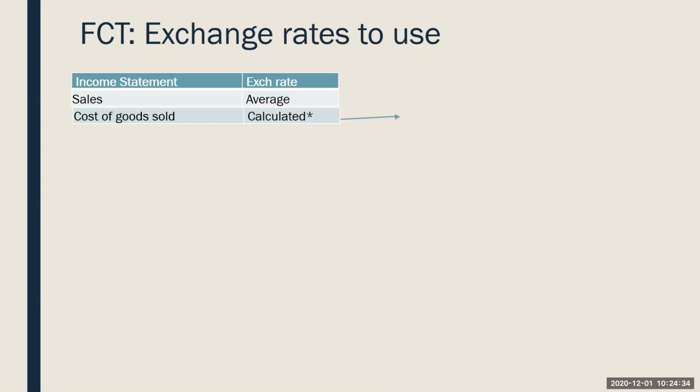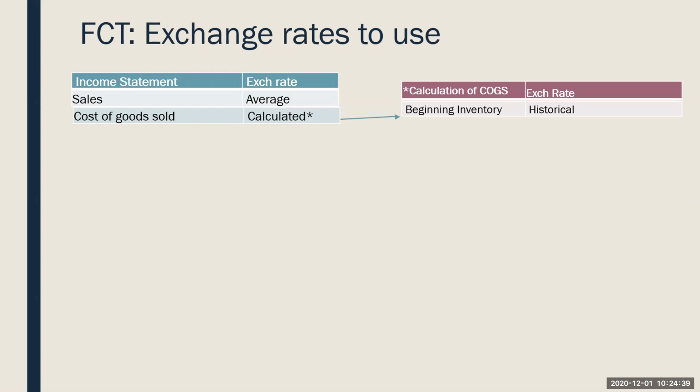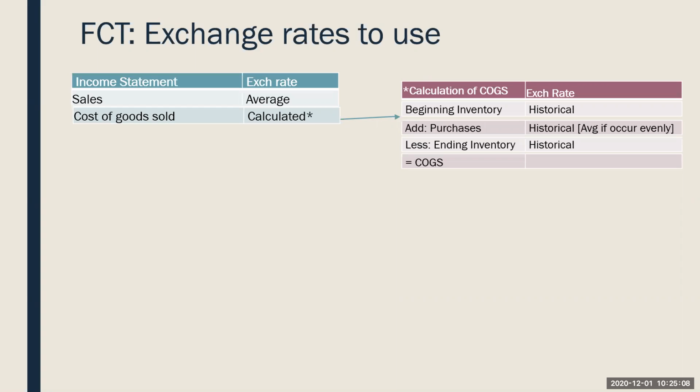And the calculation involves taking the beginning inventory, for which we want to use the historical rate, add the cost of goods purchased, use historical rates or average if they occurred evenly over the year, and subtract the ending inventory, which is translated using the historical rate for when the ending inventory was purchased. So beginning inventory, add purchases minus the ending inventory gives us cost of goods sold.